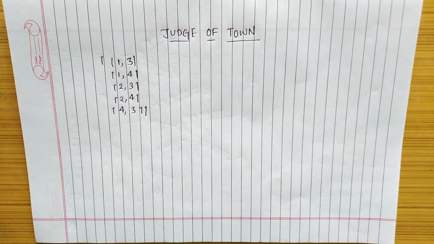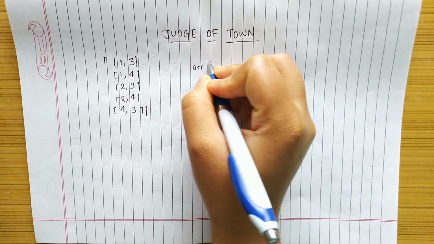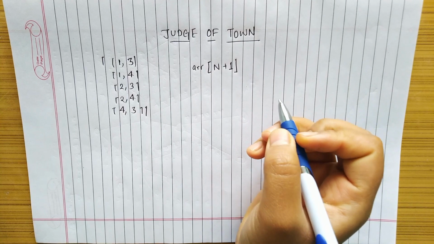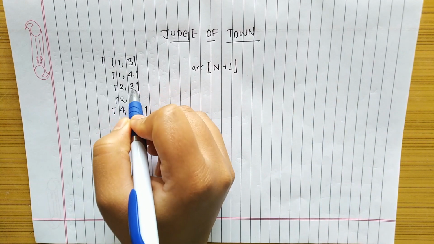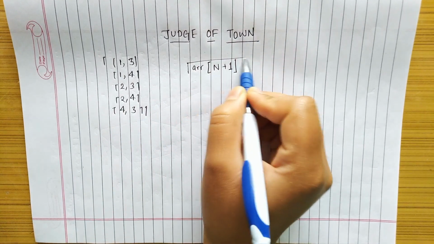So what we will do is create an array of size n plus 1, check each person's trust value, and update this array.